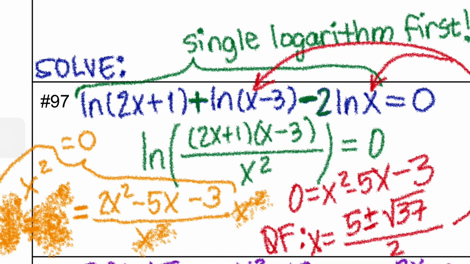So really, my final answer is just 5 plus the square root of 37 all over 2. The answer with the minus sign gives you a negative numerator, so I'll put a little note that that's extraneous. The final answer otherwise is 5 plus root 37 over 2.